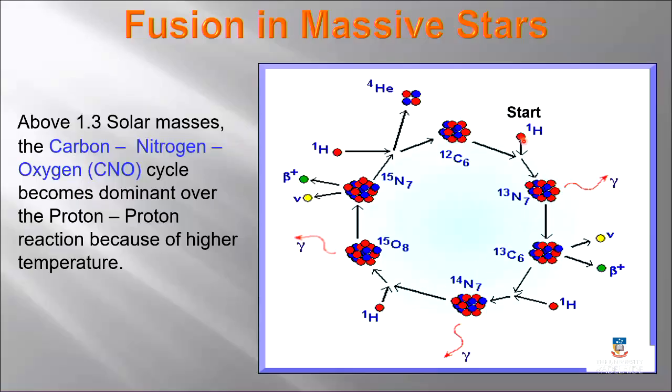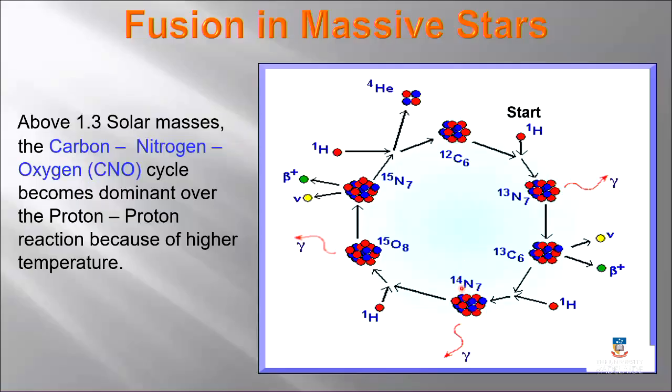So we have hydrogen that will combine with a carbon nucleus producing nitrogen, giving off a gamma ray. And then it decays back to carbon again, giving off a neutrino and a positron, and combines with another proton, producing nitrogen again, a different isotope.